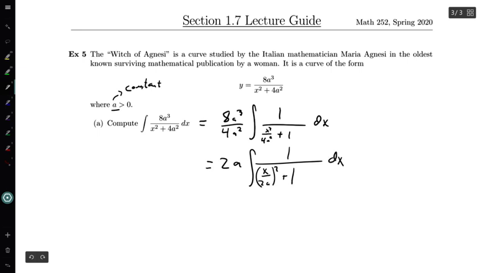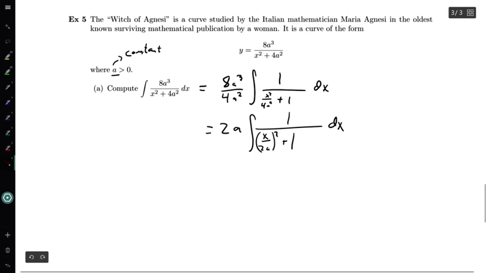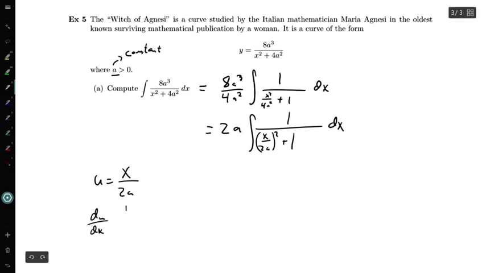And now that I've written this as 1 over something squared plus 1, I want to let u be that something. So here I'll let u equal x over 2a. This tells me that du dx is 1 over 2a. And so dx is going to be equal to 2a du.